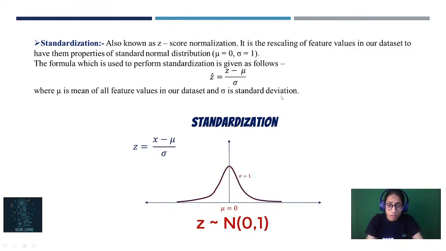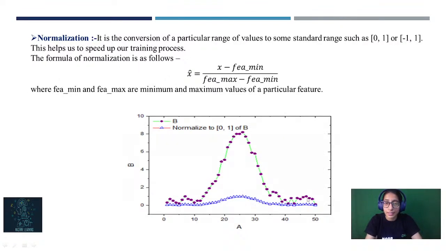The graph for standardization rises from a 0 value, gets a hike, then stays constant in a particular part, and after that again declines. So now, what is normalization? We studied standardization and the use of standardization. Now we will get toward what is normalization in machine learning.